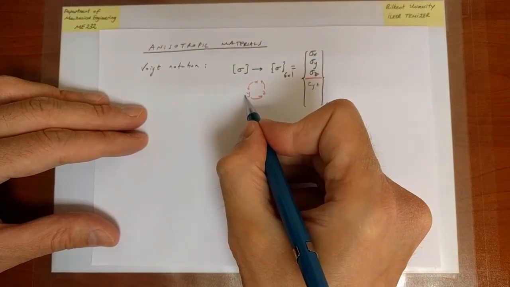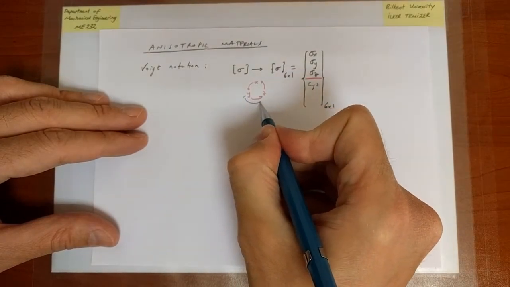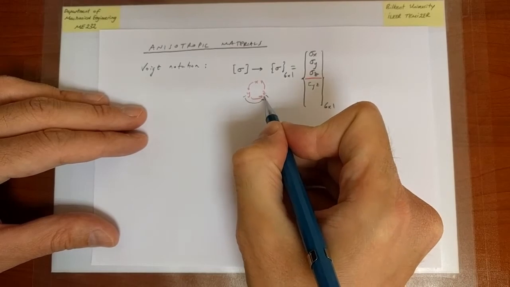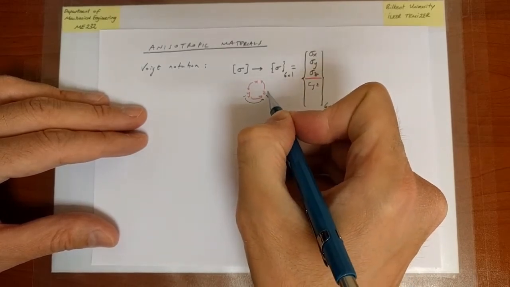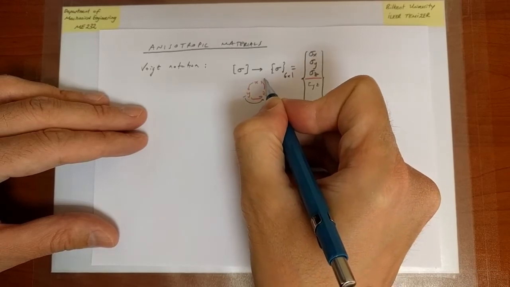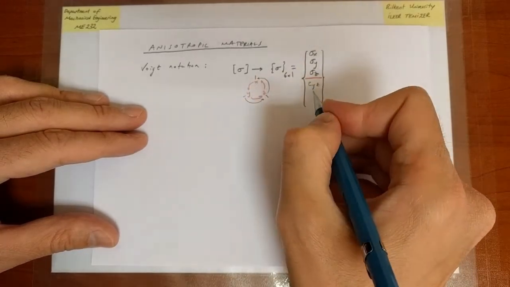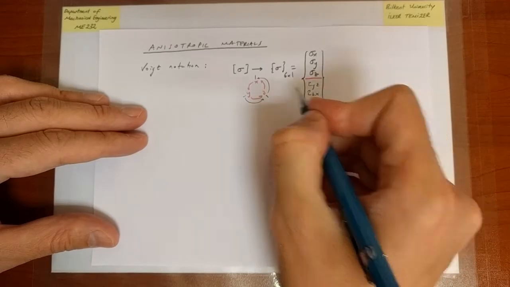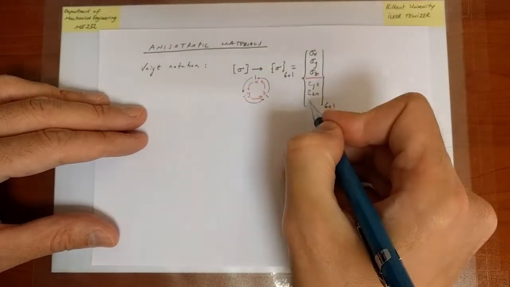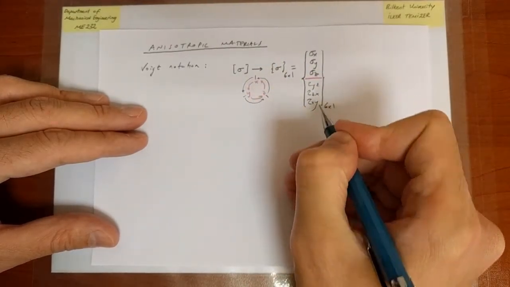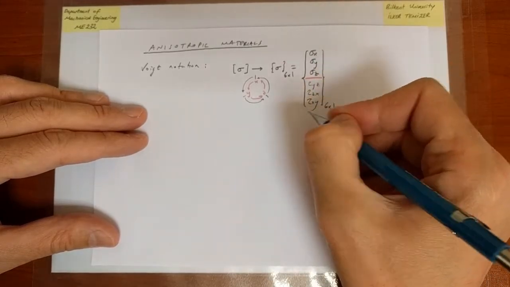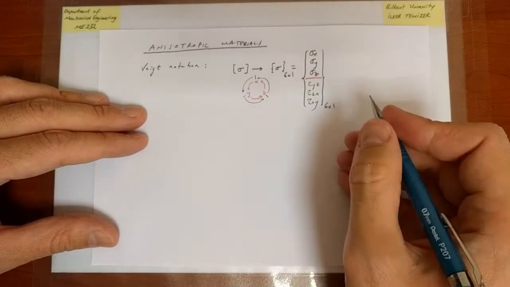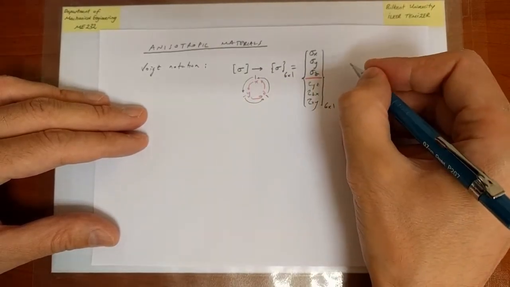Since I put y and z now, then I'm going to go in the order of this right-hand rule. So next I'm going to put tau zx, and then I'm going to put tau xy. So sigma x, y, z, and then the shear components in the corresponding manner that I've described.